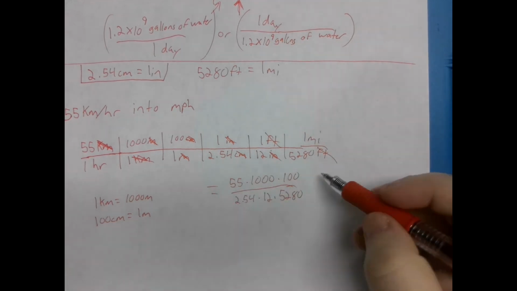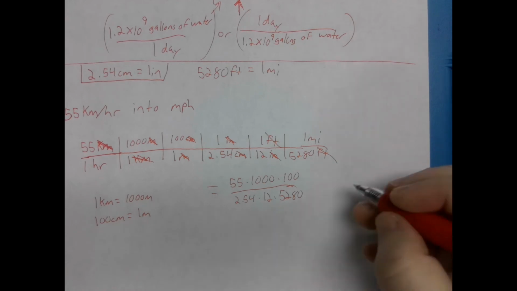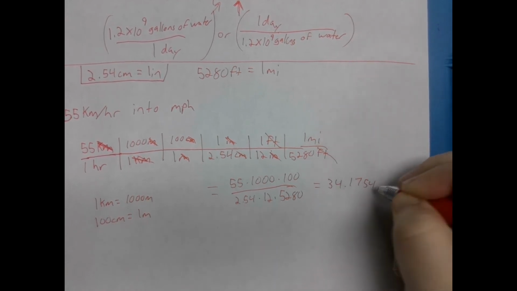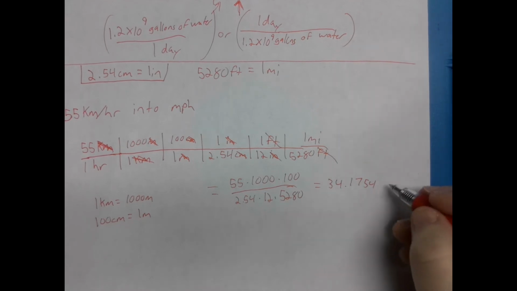Again, you can ignore the 1. This is technically times 1, but times 1 does nothing. And I get that this is equal to 34.1754. And this would be miles per hour.